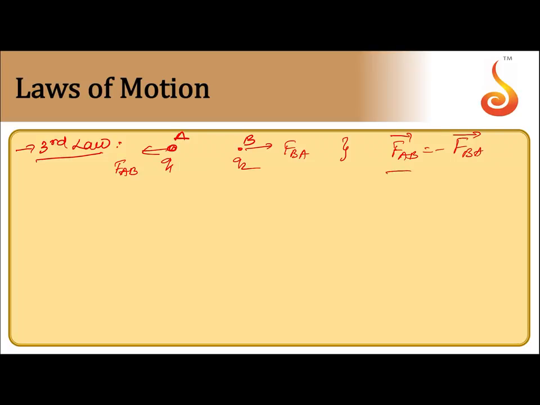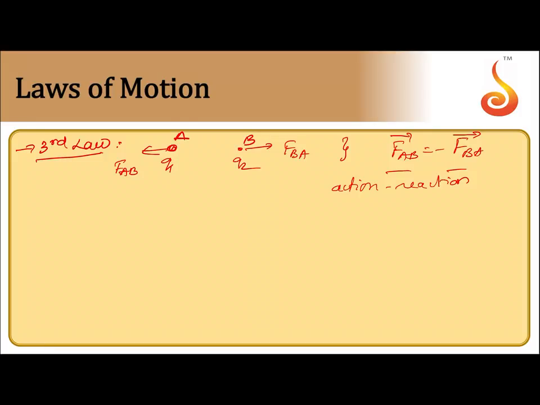These are generally known as action-reaction pairs, but you don't know which is action and which is reaction. There is nothing like one is action and the other is consequence. Both of them exist simultaneously. Also remember that action and reaction always act on different bodies. Good.